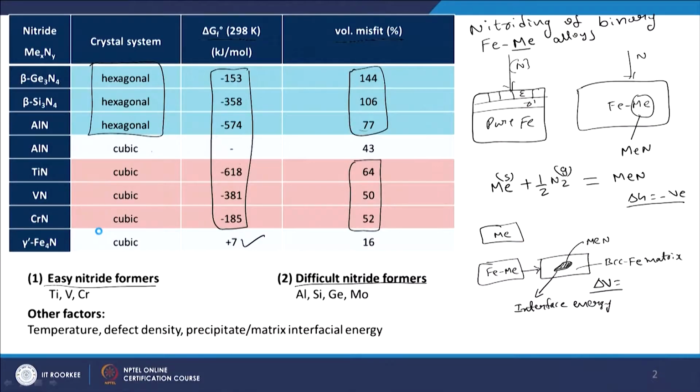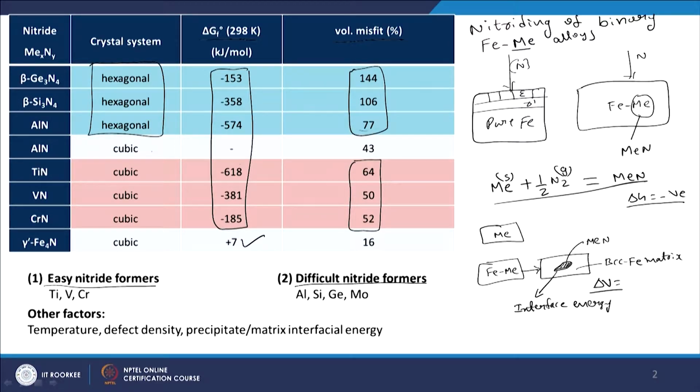This is the slide from the previous lecture. We have distinguished the elements as difficult nitride formers and easy nitride formers, based on the standard Gibbs energy change associated with the formation of these nitrides according to such a reaction.